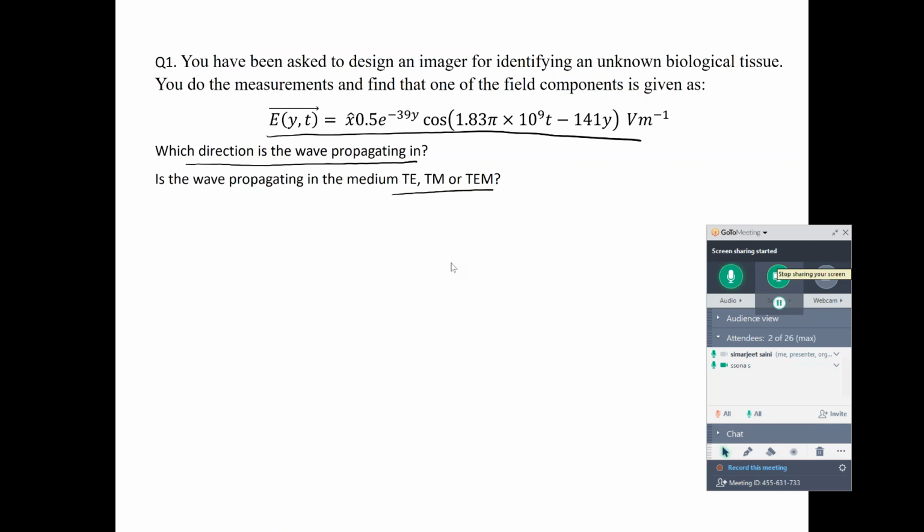I see if somebody's hand was standing up. If anybody has an answer, can come up and speak up. Let's see if the class agrees with that or not.